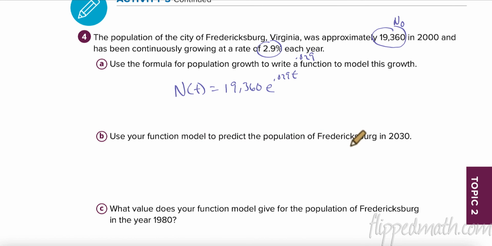Down here, we're going to predict the population in 2030. So from 2000 to 2030, that means our time is 30. So this is going to be 19,360 e to the 0.029 times 30.